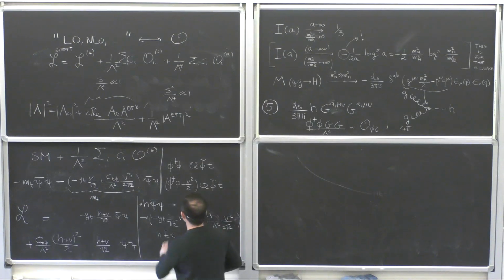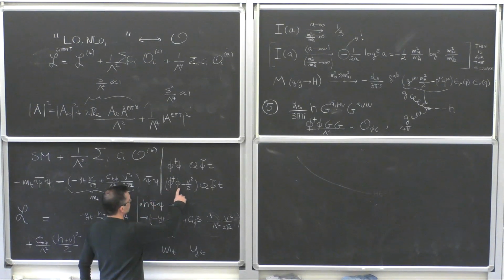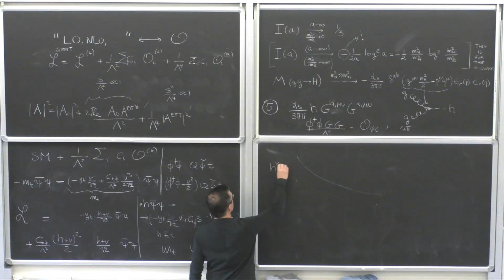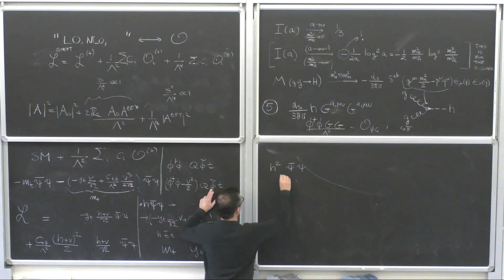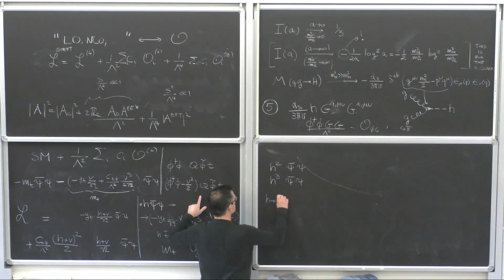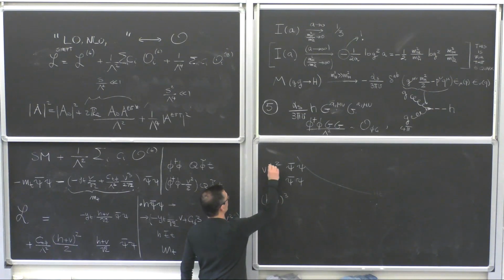Why? Because here, now, this is the linear term. But from here, when only one of these is a vacuum expectation value and the others are h's, you have terms like h squared φ dagger φ, and you also have h cubed. By developing this polynomial, by developing h plus v to the cube, you get all these interactions with different powers of v.